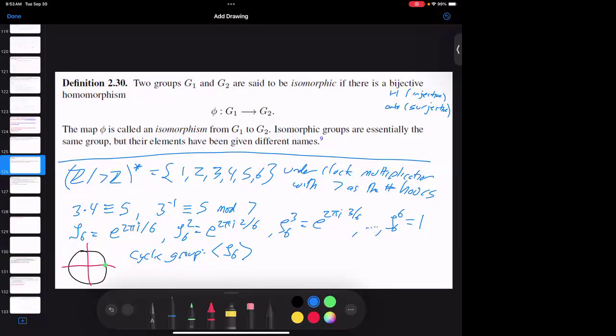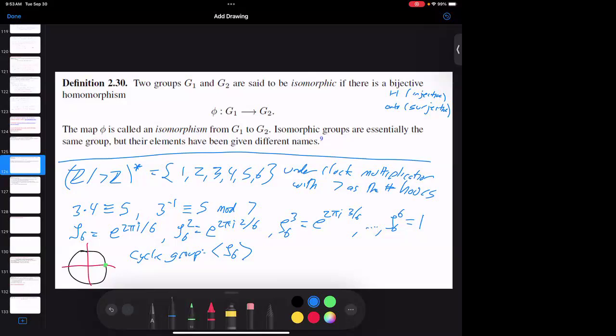They both have 6 elements. So maybe we could come up with a group homomorphism from one to the other. What's nice is because this is a cyclic group, once I figure out what phi does to zeta 6, I know what it does to everything. So I just have to figure out, what do I send zeta 6 to?